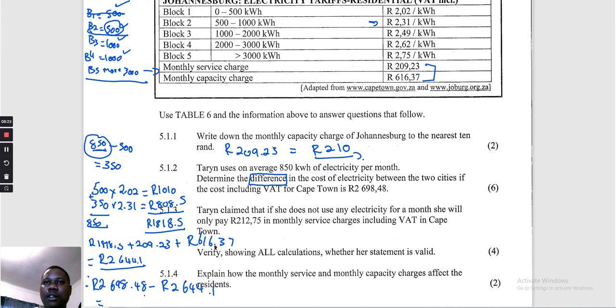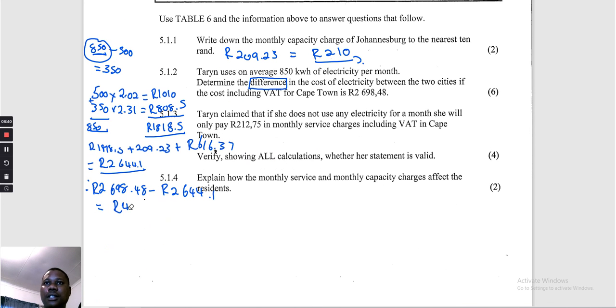And how much is it? It is equal to 54 rand, R54.38.